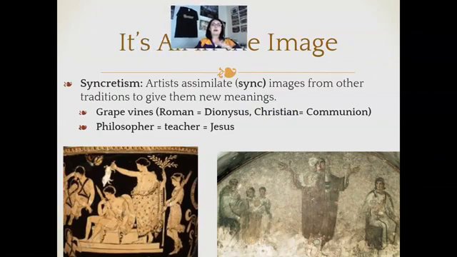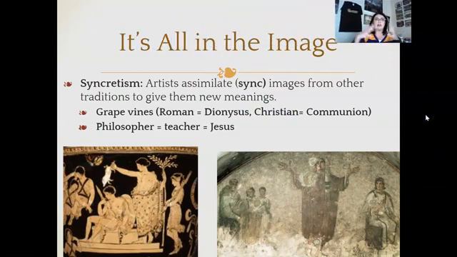So what we see is something called syncretism, and the key word there is like to sync up or to join up. So what the Christians were doing is syncing up images from Greece and Rome that they had seen in art that were totally pagan and non-Christian or religious in their eyes, and syncing them with meaning that they gave that spoke to them.